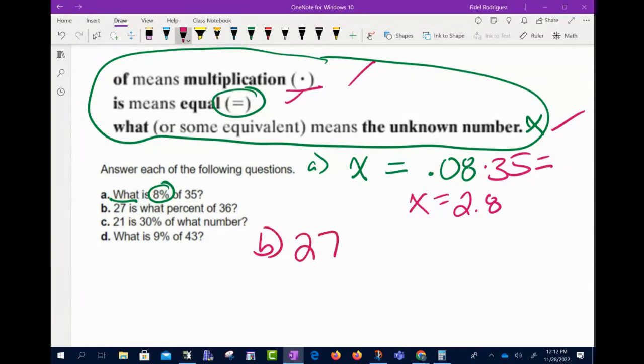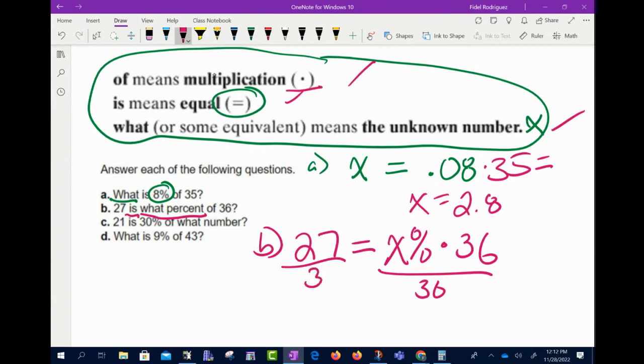So let's take a look at part B. 27, I'm going to write down 27. I see the word is, which means equals. What percent? Since it says what percent, what is x? I'm going to put the little percent sign right next to it. Then I see the word of, which means to multiply by 36. Since I'm trying to solve for x and I'm multiplying right now, I'm going to undo it by dividing.